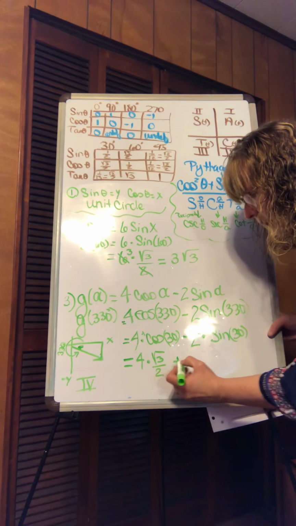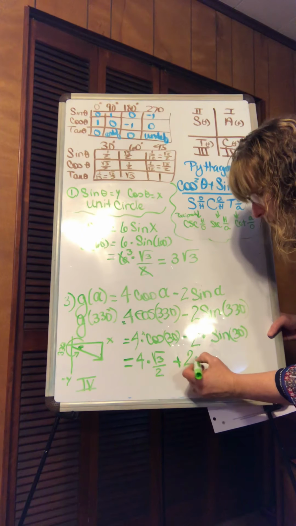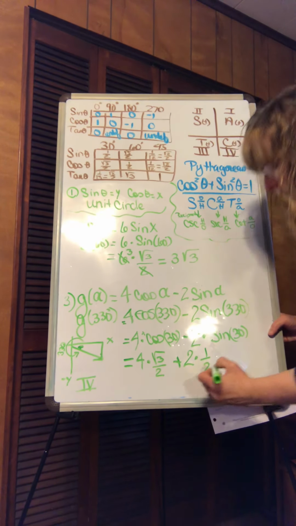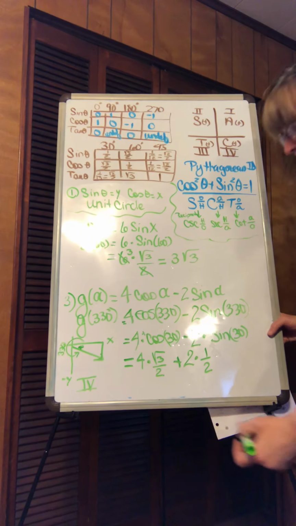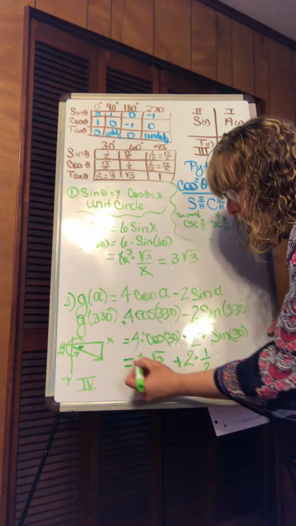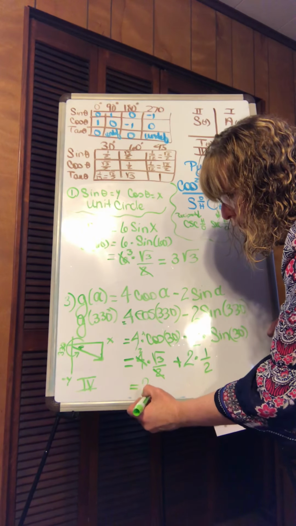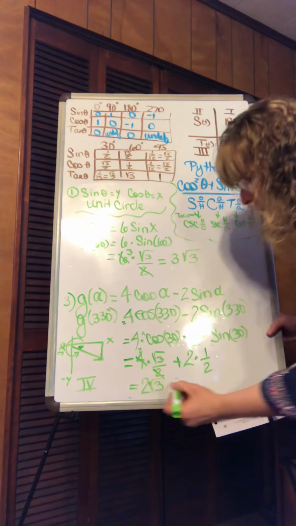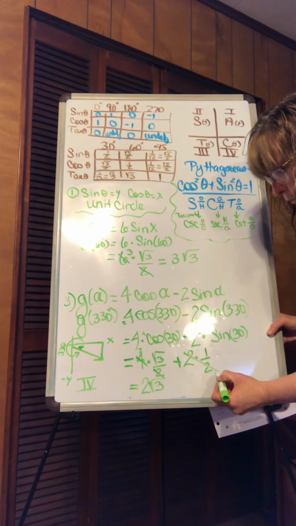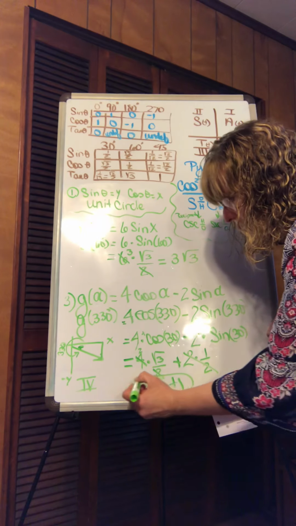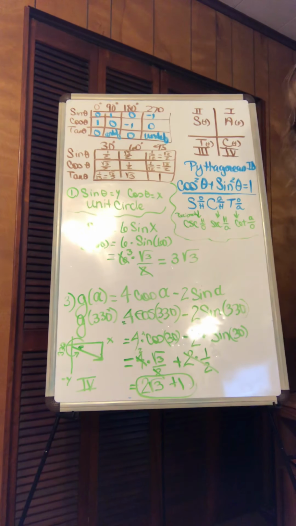This is now plus 2 times the sine of 30, which is 1/2. Well, let's reduce. 2 goes into 4 twice, so this gives me 2 rad 3, and 2 goes into 2 once, they cancel, plus 1.